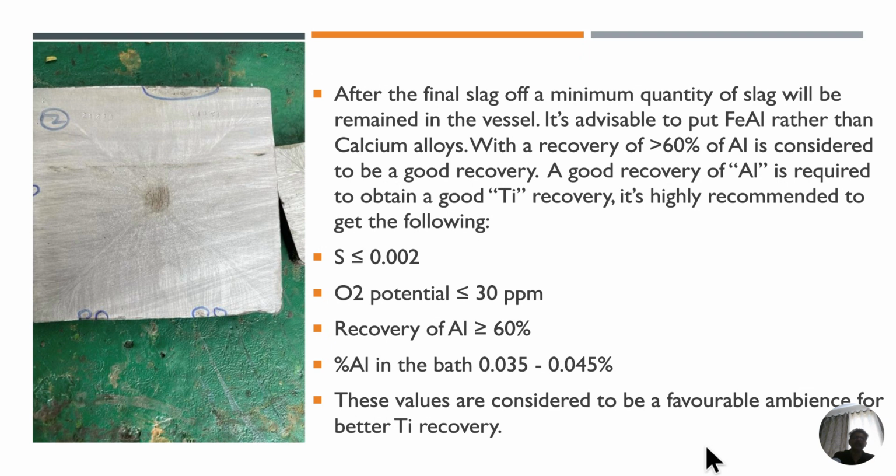It's highly recommended to get the following: sulfur less than or equal to 0.002, oxygen potential less than or equal to 30 ppm, recovery of aluminium greater than or equal to 60%, percentage of aluminium in the bath 0.035 to 0.045. These values are considered to be a favorable ambience for better titanium recovery.